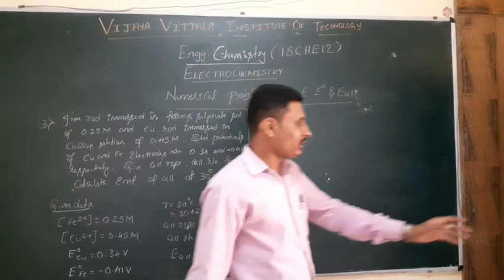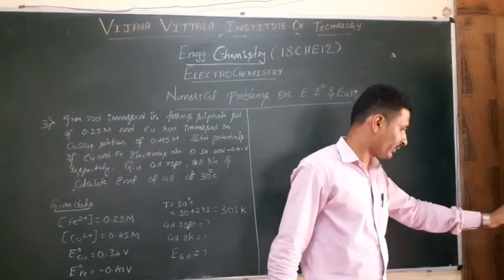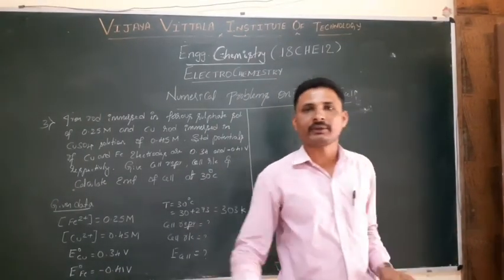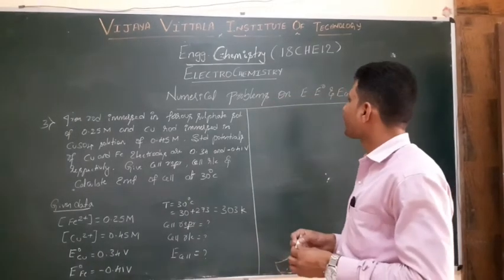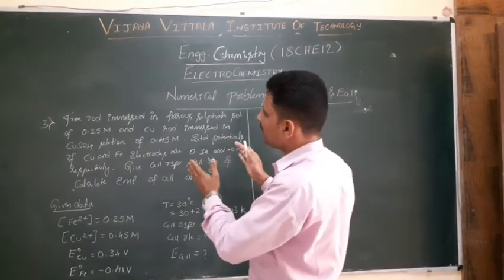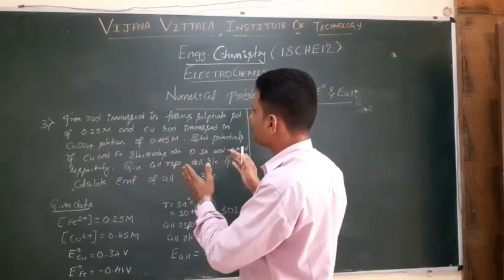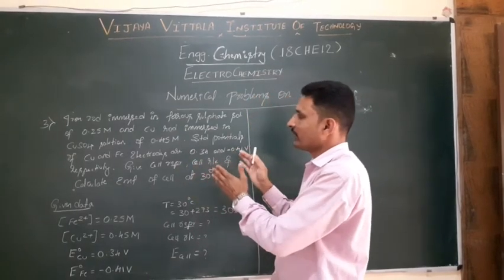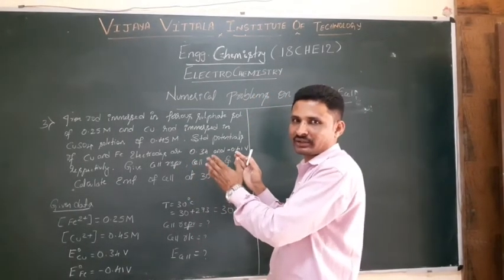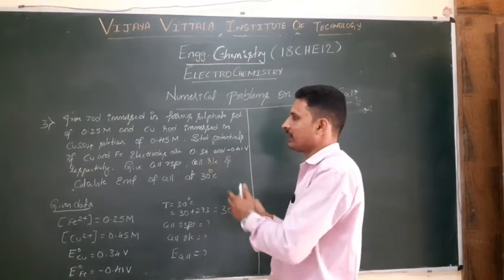So now coming to the hypothesis. This numerical is based on the Nernst equation. By using the Nernst equation, we derived the galvanic cell equation.